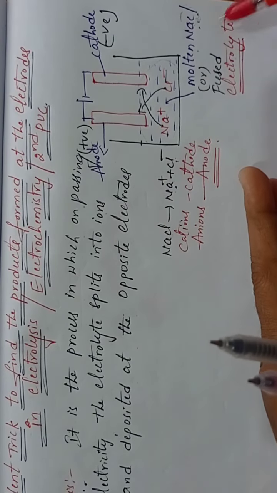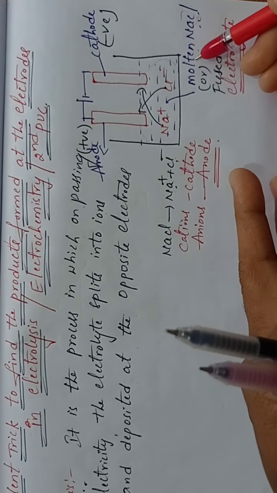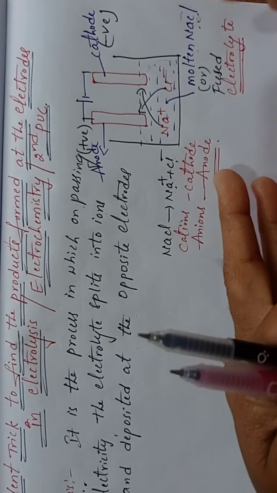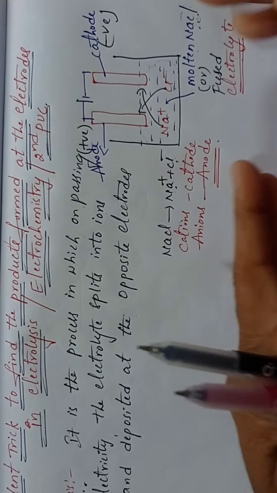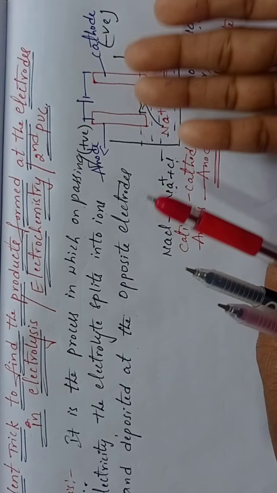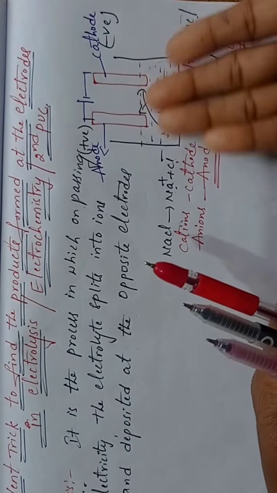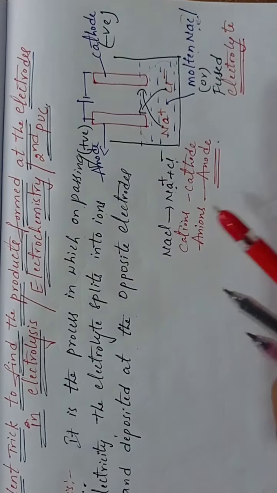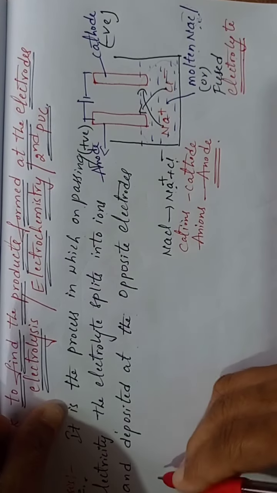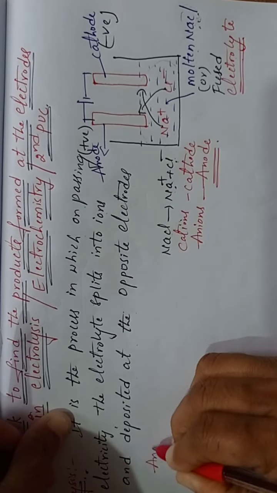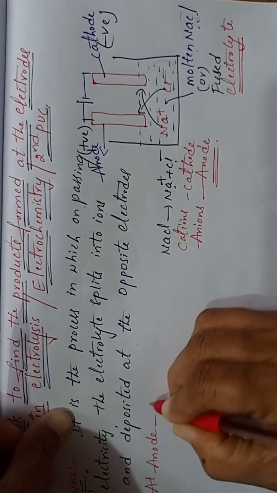Now in the case of molten NaCl, what are the products liberated at the anode and cathode? That is the question. We know that at the anode oxidation reaction takes place, at the cathode reduction reaction takes place, students. Yes or not? At the anode, which reaction?